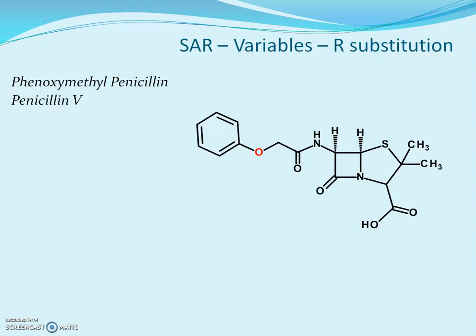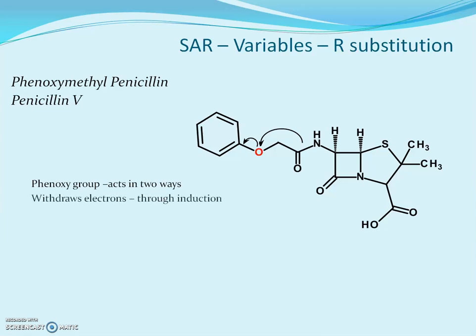So to solve this problem, what we can do is try to decrease the electron density at this carbonyl, which will then not attack this carbon. So what we do is put a phenoxymethyl group. A phenoxy group is electron withdrawing. This group has the ability in fact to act in two ways.